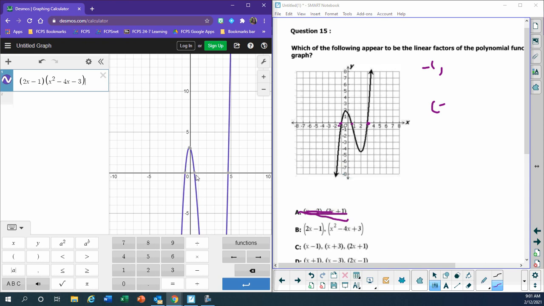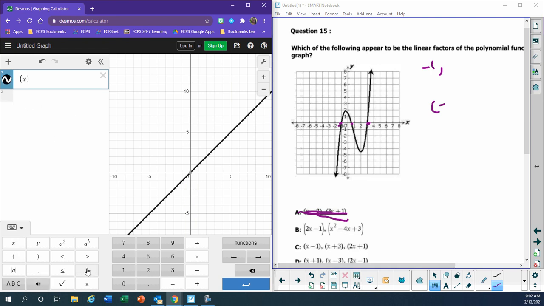It looks like it, right? 0.5, negative 4.6, right? And then that. Only thing is this is close to the 4, the 5. So it looks like B, but let's make sure. So I'll say B, but let's check C.